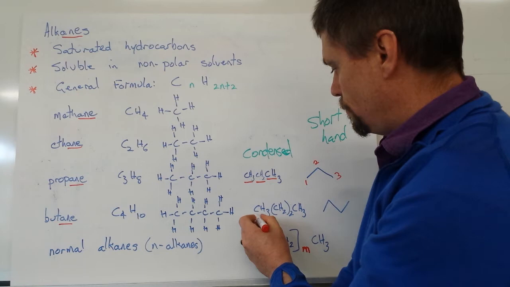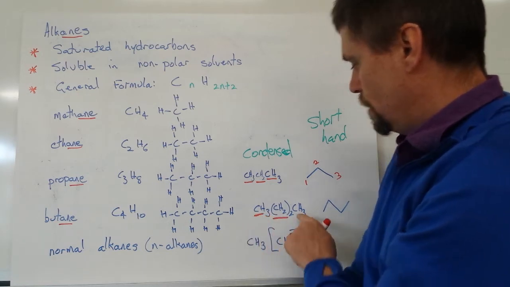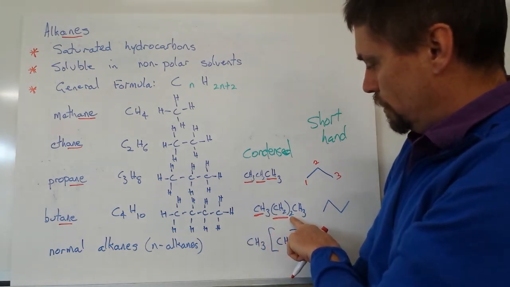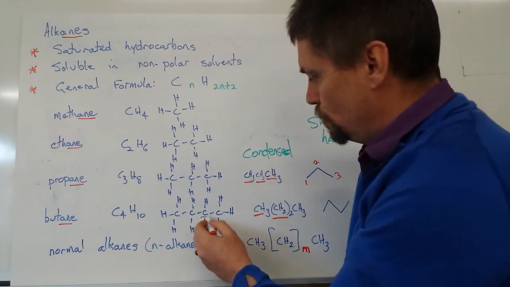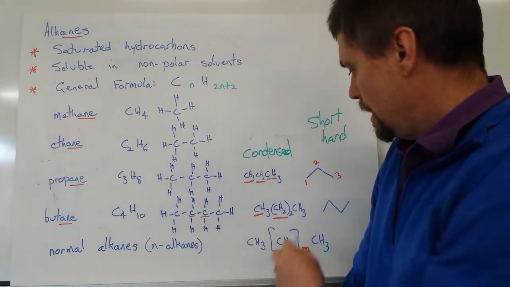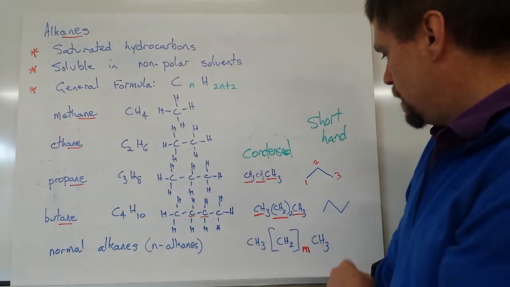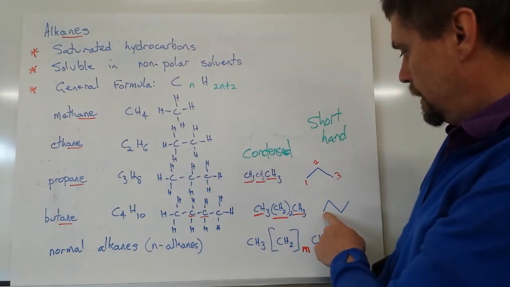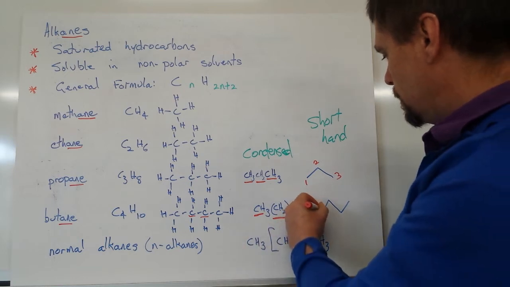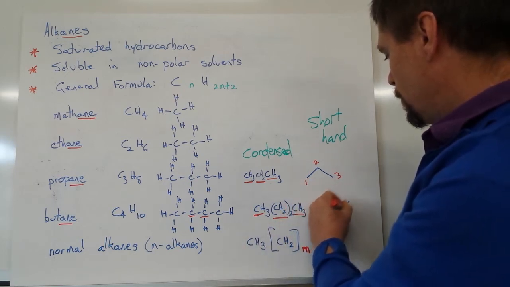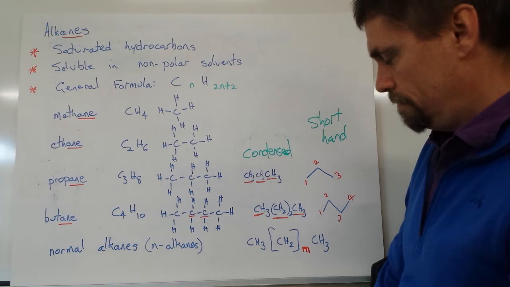So we have our CH3, our CH2, and you'll notice that I have put a little 2 in there to represent 2 lots of CH2, and then another CH3. And we also have our shorthand formula. In this case, we've got carbon 1, 2, 3, and 4.